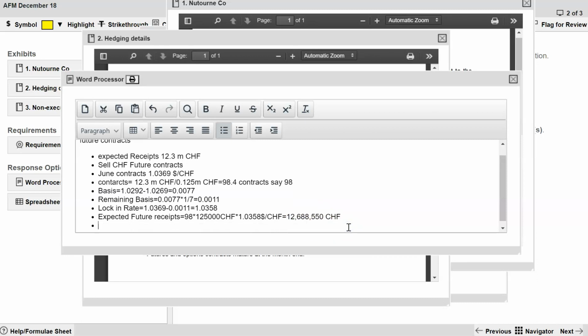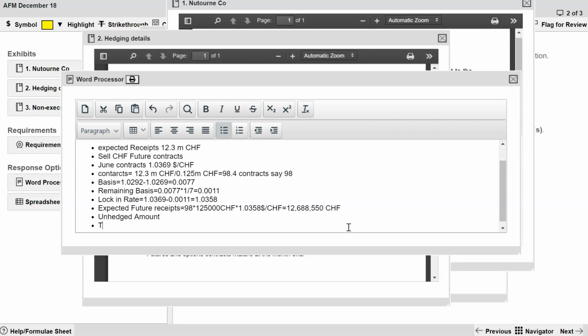And what about the unhedged amount? First of all, calculate the unhedged amount. Actually, the total amount is 12.3 million.